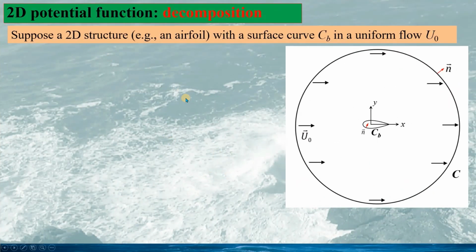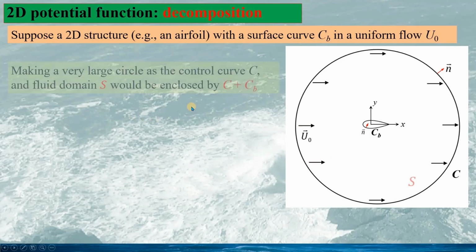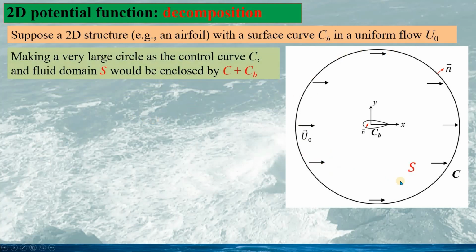Now, we suppose a 2D structure like this, CB, in a uniform flow U0. Then we can make a large circle C as the control curve, and the fluid domain S would be enclosed by C plus CB.